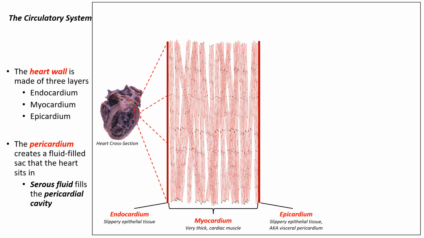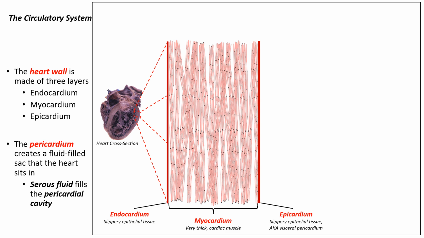So looking at these various layers here and their relative size, the heart wall is made of 3 layers: endocardium on the inside, a very thin, slippery epithelial layer; the myocardium, very thick cardiac muscle; and then the epicardium, which is also a slippery epithelial layer that's just acting as the visceral layer here.